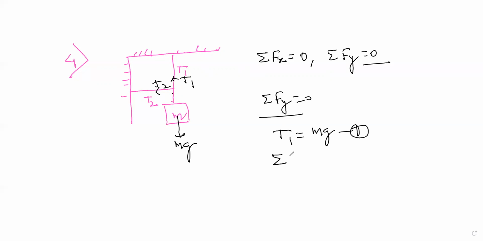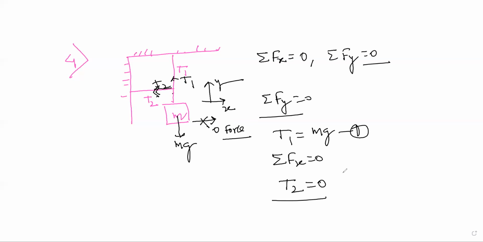For sigma Fx equal to 0, I have taken this direction as the x-axis and this direction as the y-axis. T2 is acting in this direction, but there is no force in the rightward direction, so zero force is acting there. Of course, T2 will be 0. So finally, we will get T1.